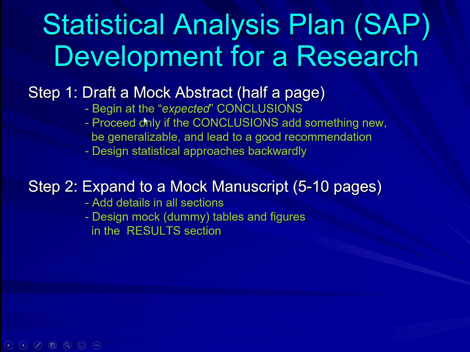It is nothing, just copy the half a page to the sections of the manuscript and add details in each section. Especially you need to design the tables for the results, which are called dummy tables or mock tables. Sometimes we plan to have figures and graphs as well. In the results sections, we add more about this, so that is why it expands to 5 to 10 pages.